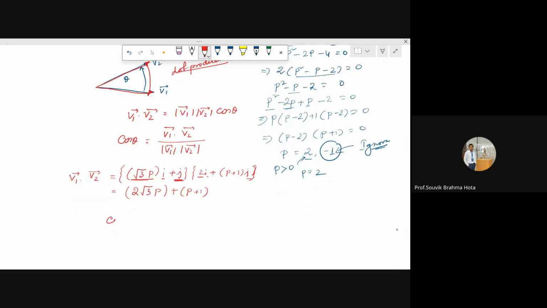Again I am writing cos theta is equal to v1 dot v2 divided by v1 mod v2 mod.